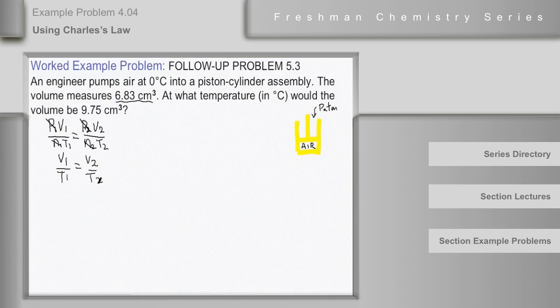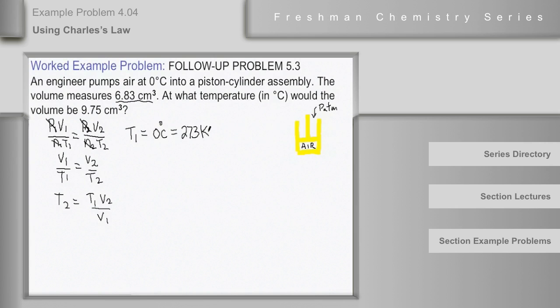Now here, we're asked to solve for T2, and T2 would be equal to T1 times V2 over V1. So let's look at the variables. T1 is 0 degrees Celsius, and that would of course be 0 plus 273 or 273 kelvins.